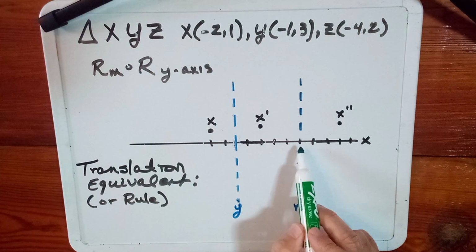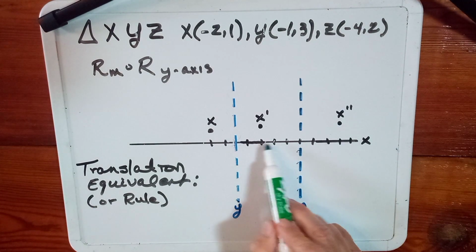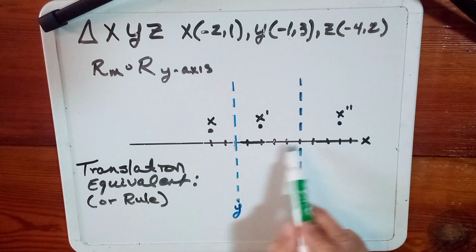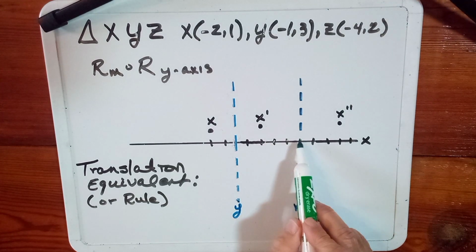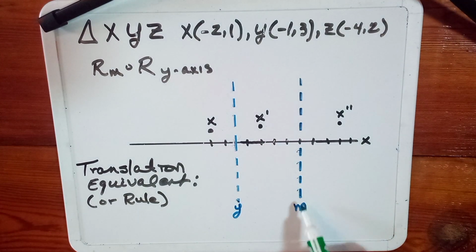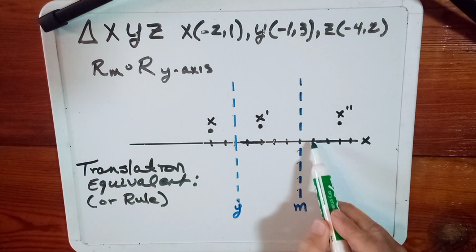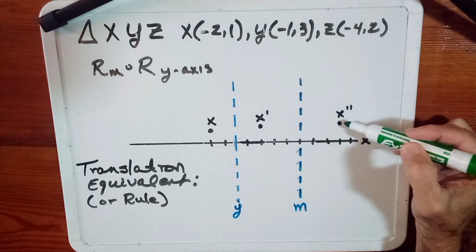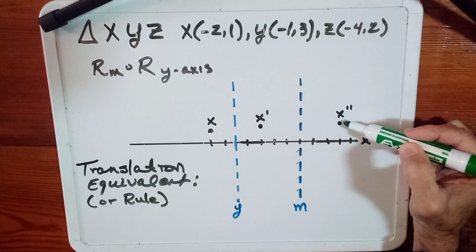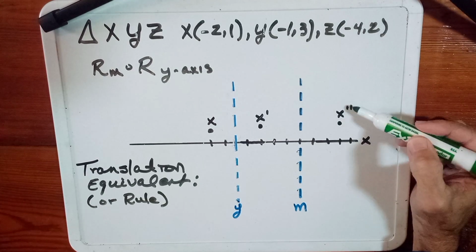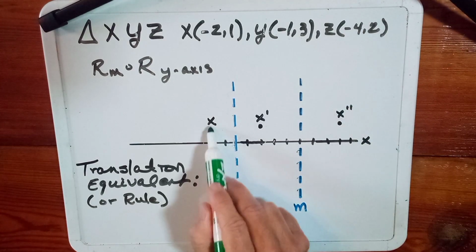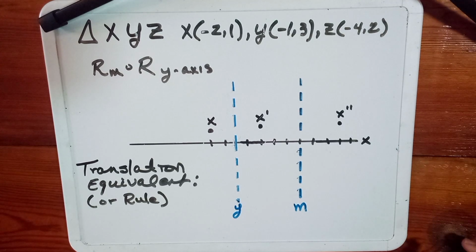So I'm going to look at this. This is 5, so it's 1, 2, 3. So I'm 3 units from M, and I need to go 3 units over here: 1, 2, 3. So here's my final reflected X image from the pre-image of X.